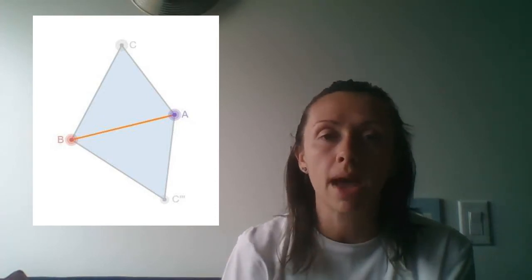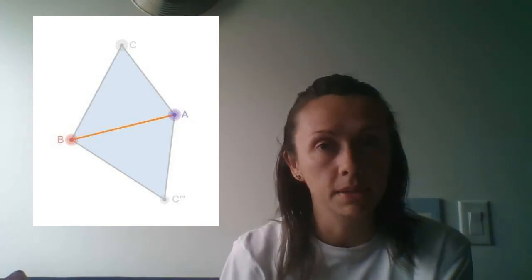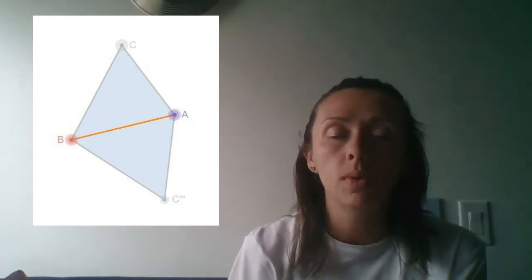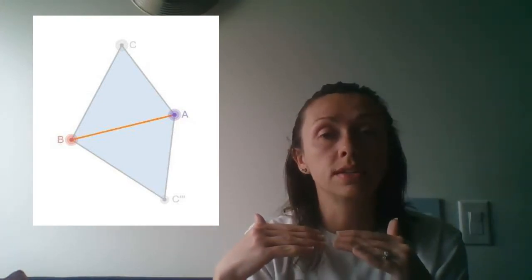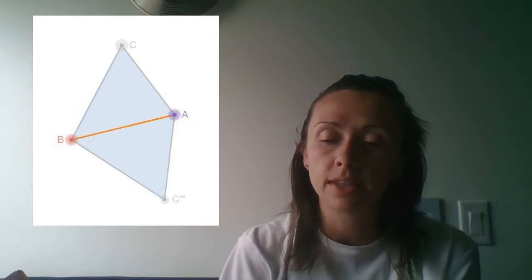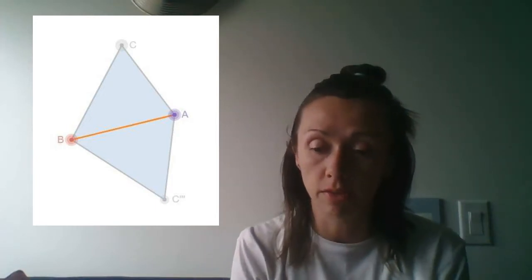So in order to map triangle ABC triple prime to triangle ABC, we want to obviously apply a reflection across the line AB. So a reflection will map A to A and B to B. Those don't move since they're on the line of reflection.